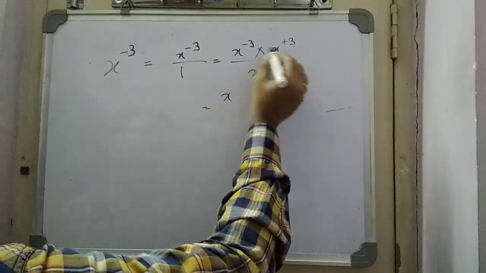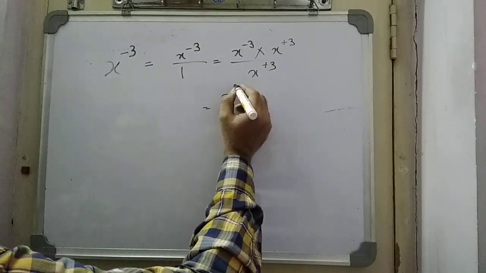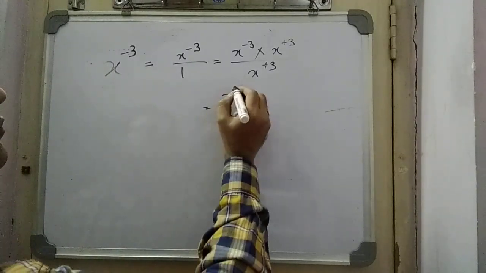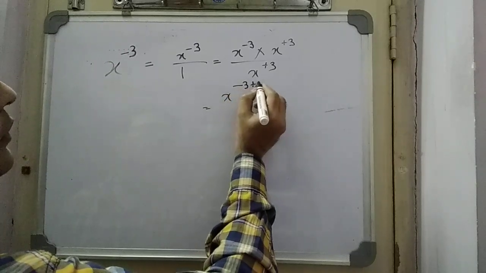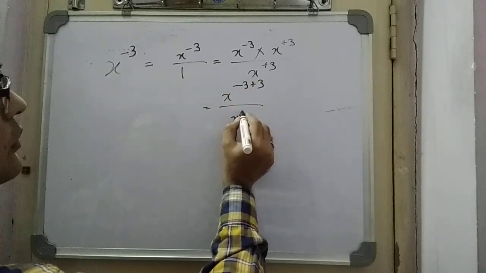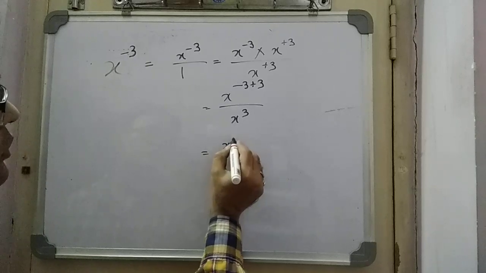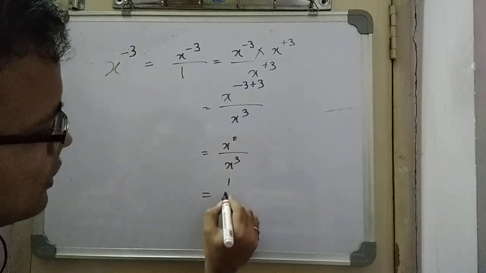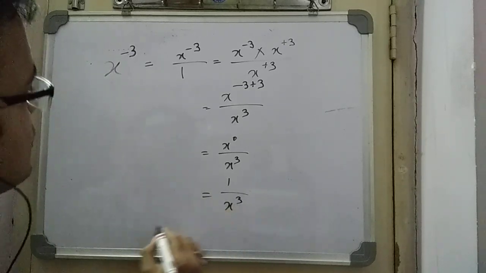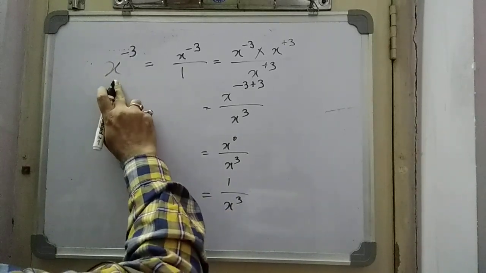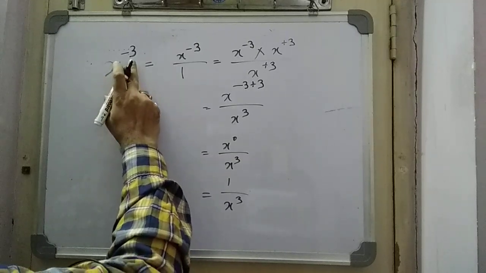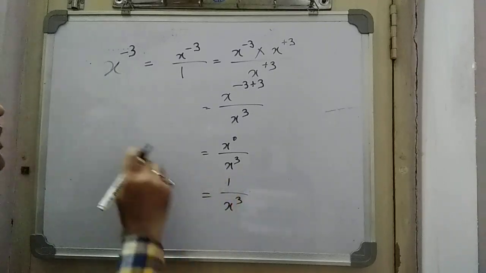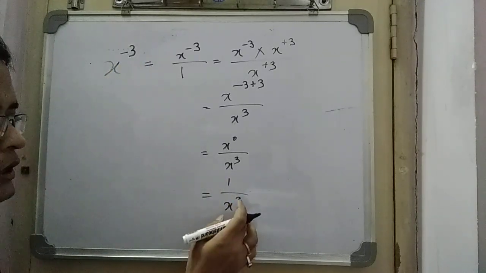So by law we know that when we multiply, its exponent becomes like this, and this remains unchanged. So it becomes x to the power 0 by x, and x to the power 0 is what? 1. So when the exponent or the index is negative, that means it is the inverse of the same with the index as positive.